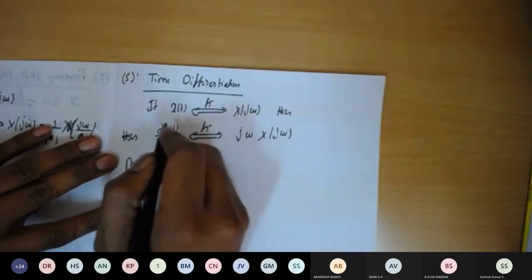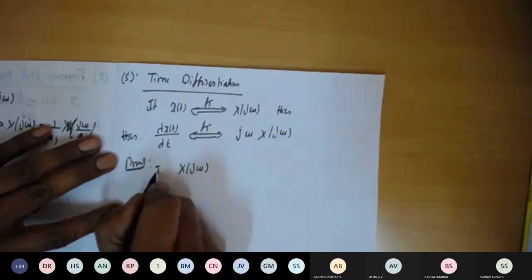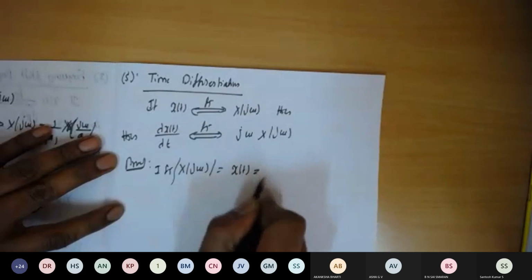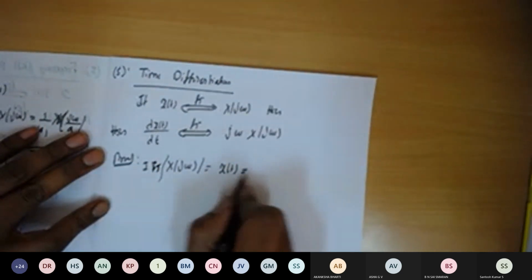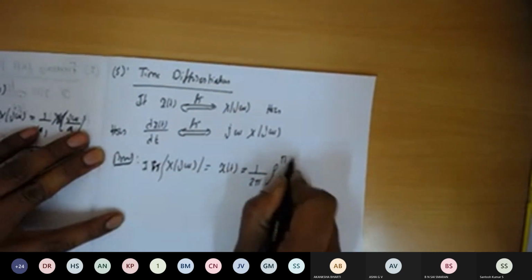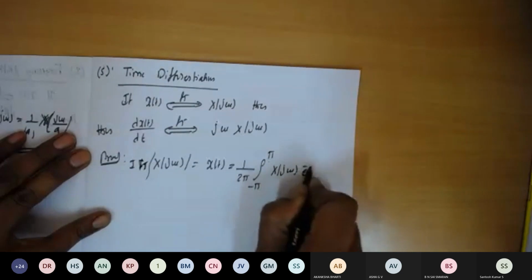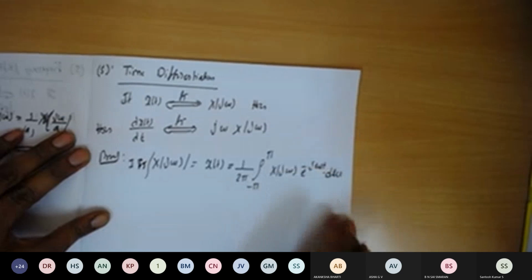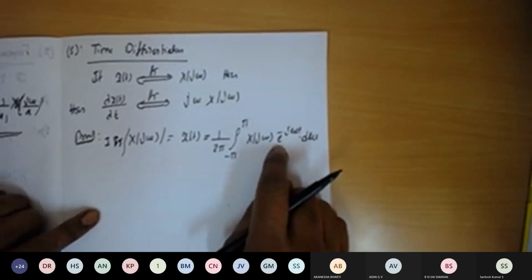So the inverse Fourier transform of X of j omega is equal to x of t, which is 1/2 pi, the integral from minus pi to plus pi of X of j omega into e to the power of j omega t into d omega. With respect to omega, we integrate in order to get x of t.